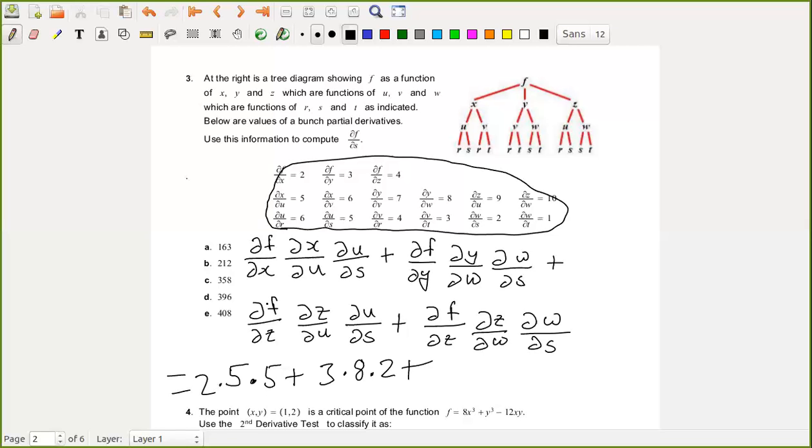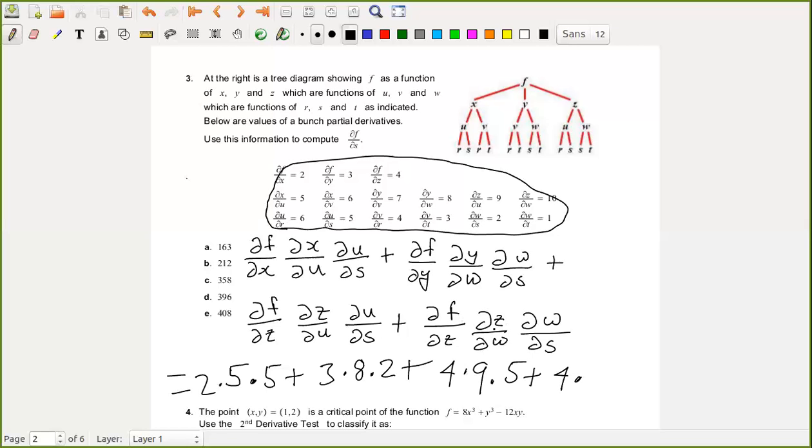Plus the partial derivative of f with respect to v, that's 4, times the partial derivative of z with respect to u, that's 9, times the partial derivative of u with respect to s, that's 5. And finally, this last one, the partial derivative of f with respect to z, that's 4.